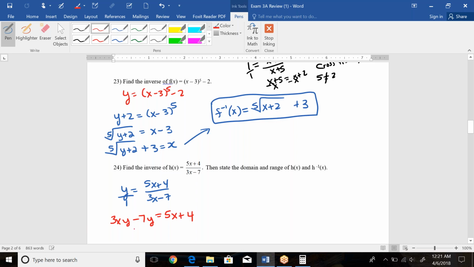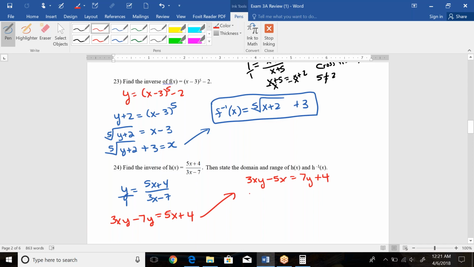And then here's the technique I always tell my students. You want to get all of the terms that have x on the same side if you're trying to isolate x. So I'm going to move over that 5x by subtracting. And I'm going to move this negative 7y over by adding because it does not have an x. Okay, so we're switching these two terms by adding and subtracting.